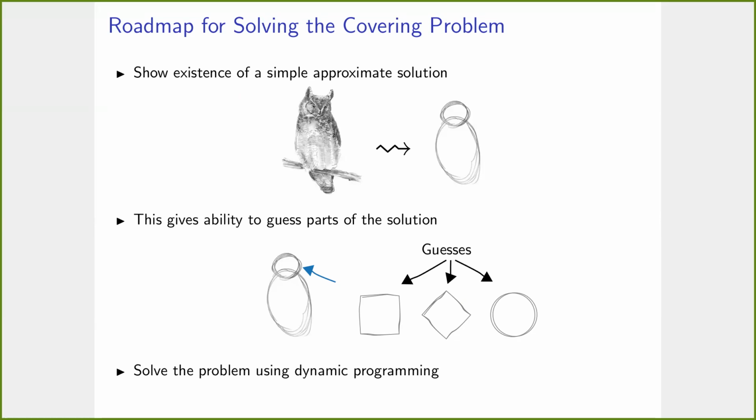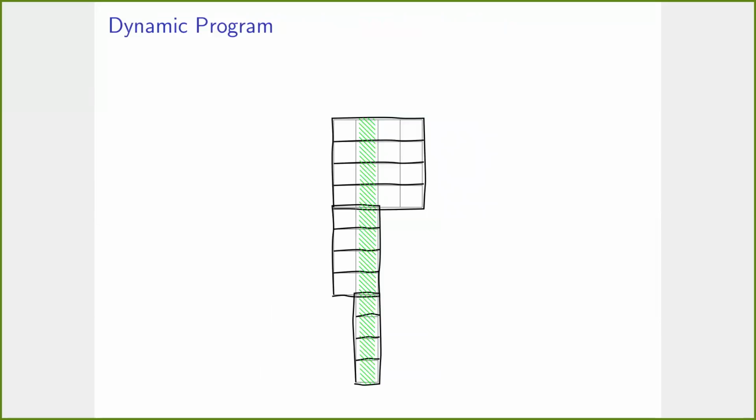The first part in this roadmap is the hardest. So I will start instead in the opposite direction with the dynamic program, so that we will see what we actually need from the simple structured solution in order to solve this. Let's look at one particular unit of time, the green vertical line here, and all the rectangles that intersect with it. This could look like in this picture.